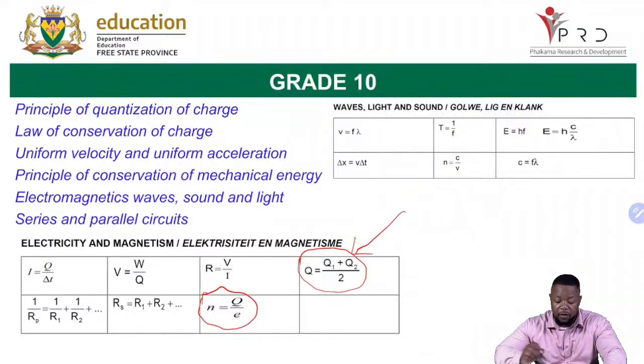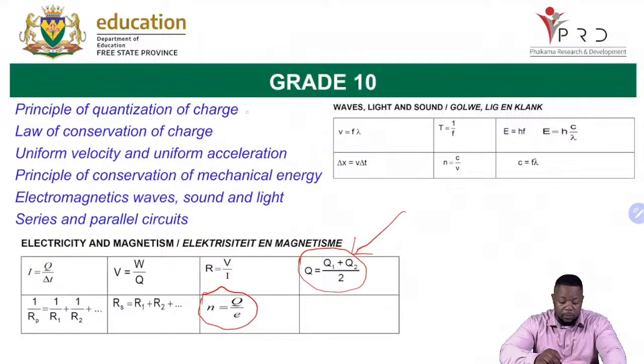This formula is used when two charges are touching and then they separate. The formula will not be provided in your examination. Therefore, it is important that you know this formula by heart. You must be able to memorize the formula and remember it when you write your examination.